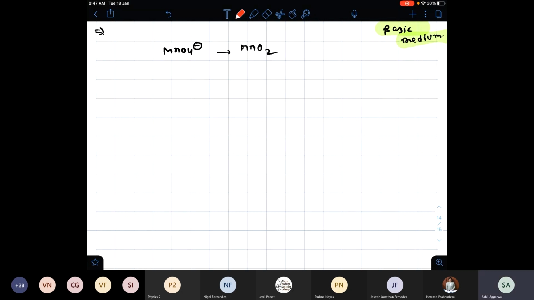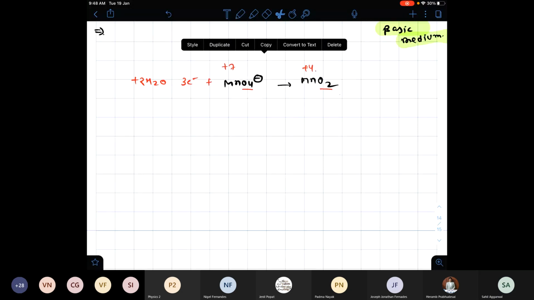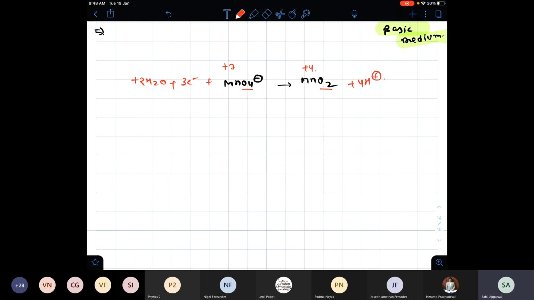Plus 7 and plus 4. Add 3 electrons this side. 4 oxygen, 2 oxygen. So add 2 water. And 4 H plus. Any doubt in this?